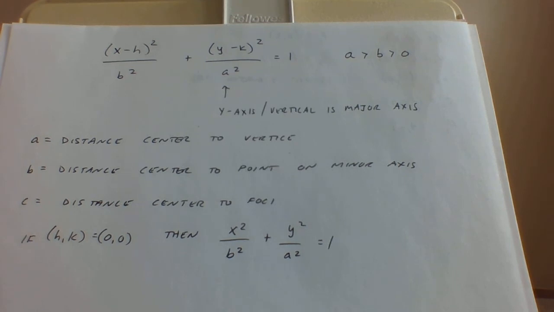And obviously, if your center, the (h, k), is at the origin, then this is going to condense your formula down to x squared over b squared plus y squared over a squared equals 1, since your h and k values would both be 0.